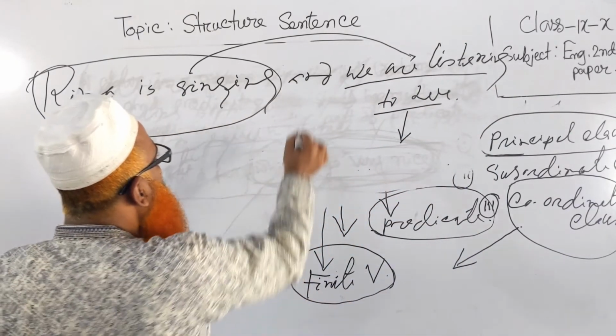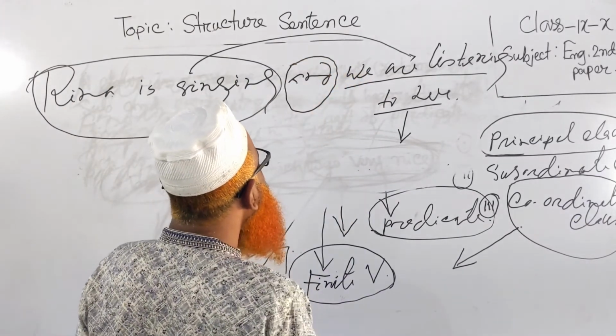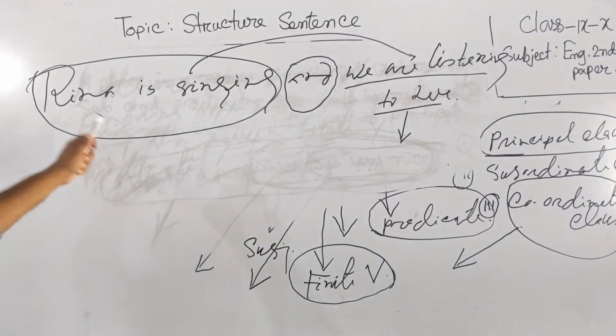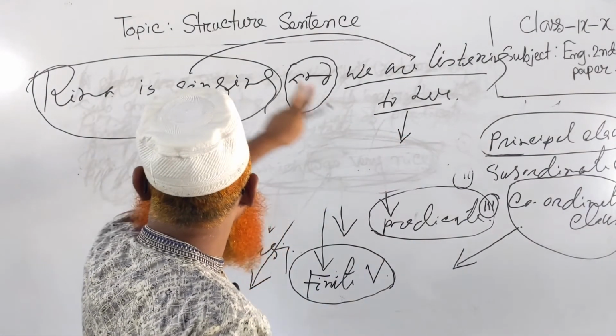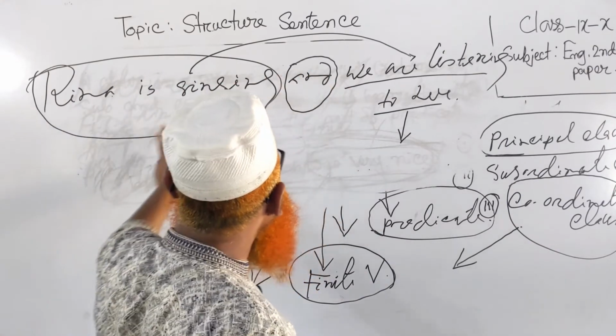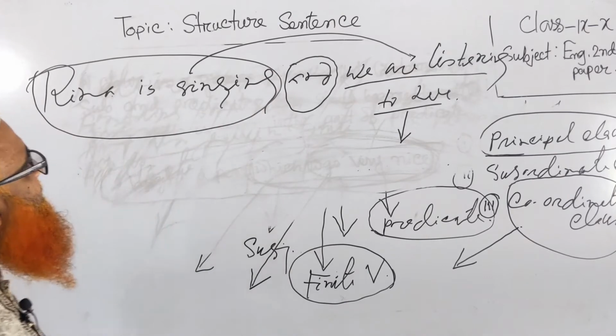Using the coordinating conjunction and, it is a coordinate clause, because two principal clauses or two independent clauses are used in the coordinate clause.